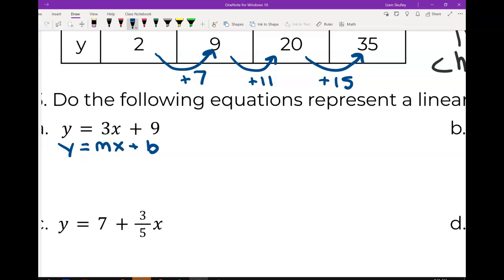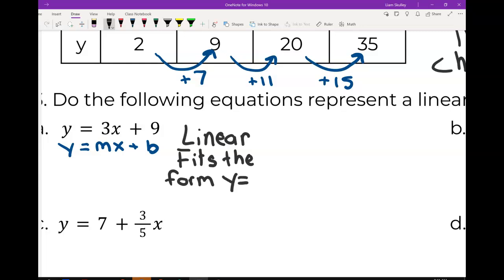For an explanation, we would say it's linear. We just want to state that outright. For our explanation, we're just going to say it fits the form of the equation. It looks like what a linear equation is supposed to look like. So say fits the form y equals mx plus b.